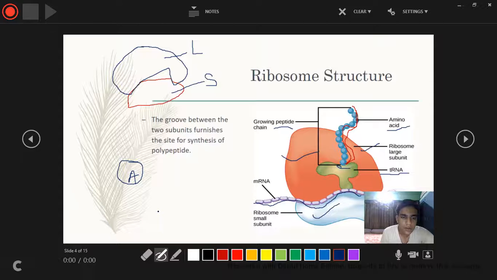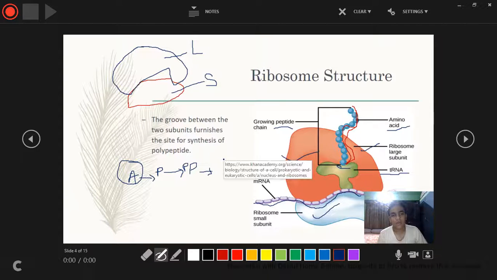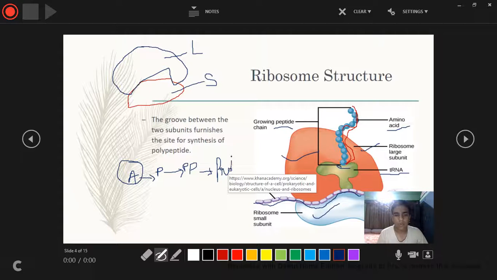Amino acid forms the peptide, this forms the polypeptide. These are not chains, these are just relations one by one, and this forms the protein, right?